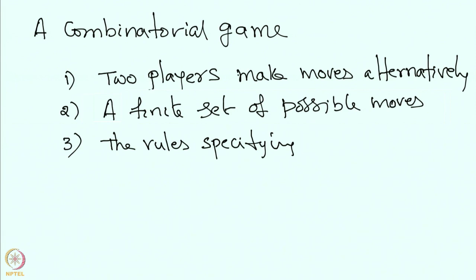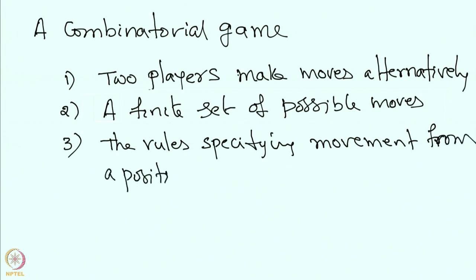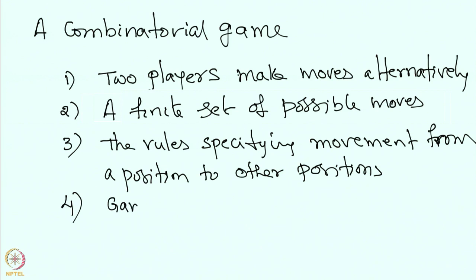All that the rules are specified: movements from a position to other positions. So, this is a very important thing, and then we also need to say that the game ends when a player cannot make a move.